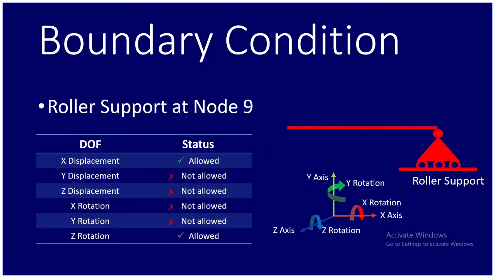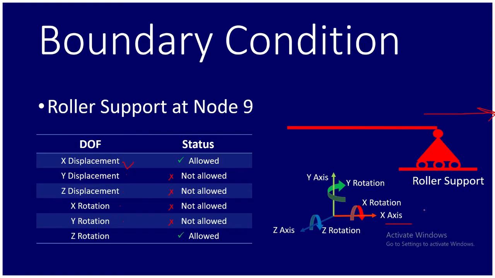The next boundary condition is roller support at node 9, that is end B. Okay, so for this condition we have to restrict y displacement, z displacement, x rotation, and y rotation, whereas x displacement is allowed, because as this is a roller support, displacement in this direction will be allowed.